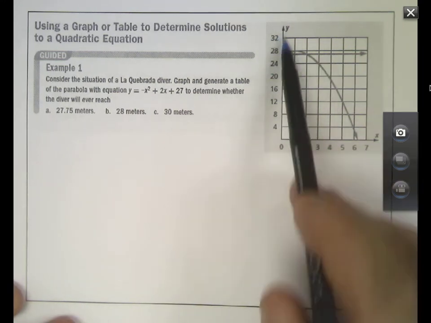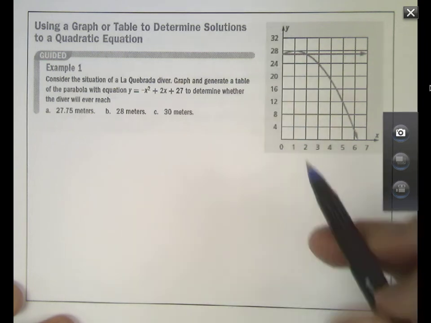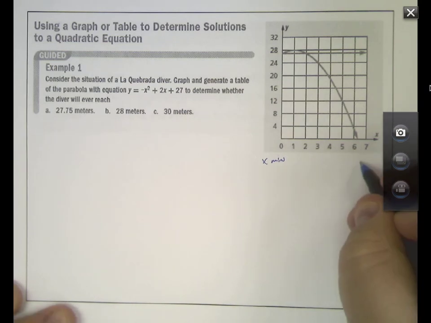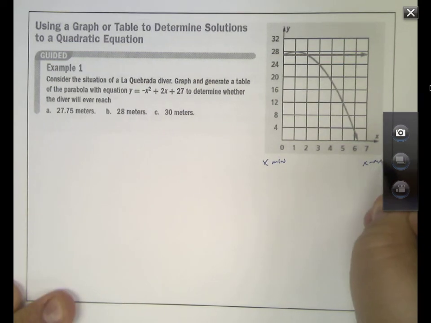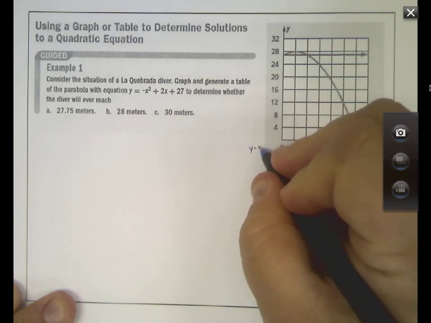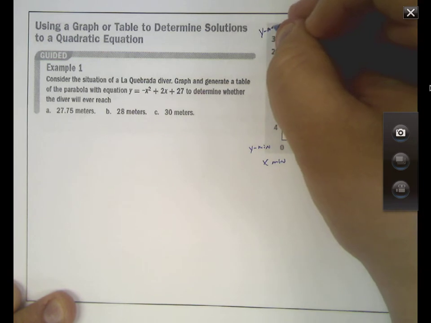I already put a graph on here for you, but as you can see, they use their x minimum as 0, their x max at 7, their y minimum is 0, their y max is 32.